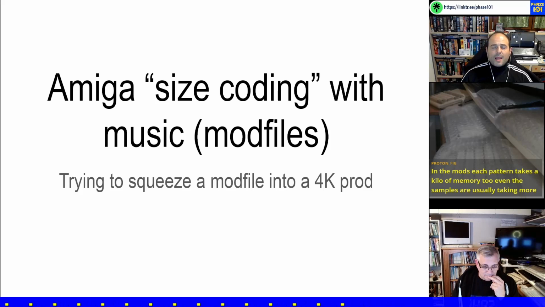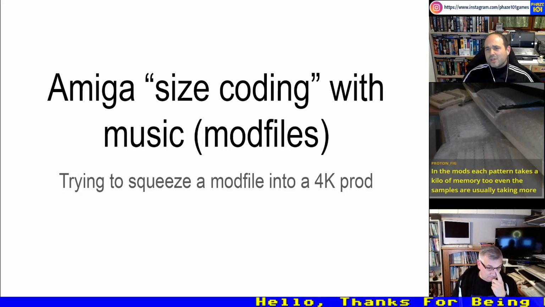For this reason, I started to look around and see which other options we have today. And of course, there is P61, which is, let's say, a standard today for Amiga music.